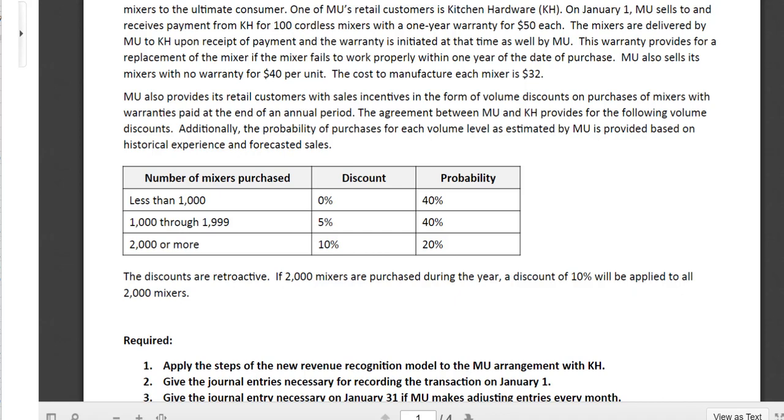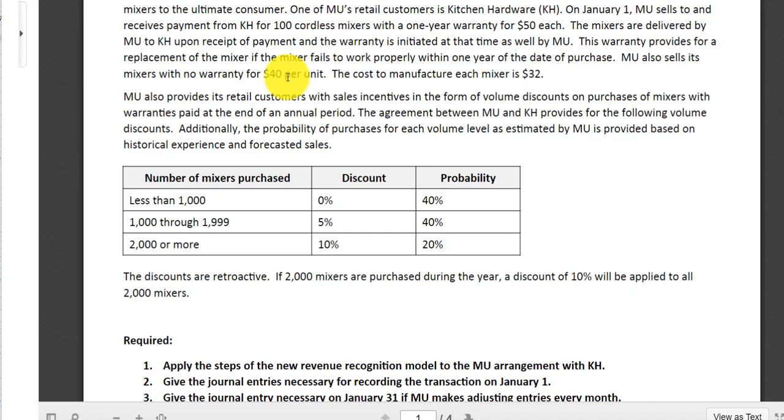Second, what are the performance obligations? If you look at this, we have the warranty and the mixer. The fact that we sell the mixer with no warranty would probably indicate that they're two separate performance obligations, the mixer and the warranty. So, 2 performance obligations.